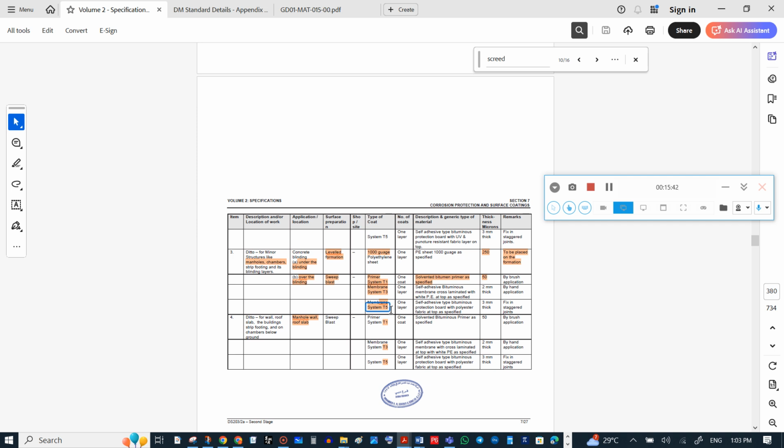This T1 is a solvent bituminous primer. T3 is a self-adhesive bituminous membrane cross-laminated with the white PE at top. T5 is a self-adhesive type of bituminous protection board as specified. This is 3 mm thick. This is for minor structures, manholes and over the blinding.